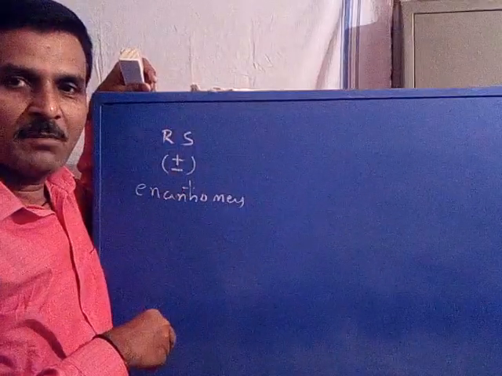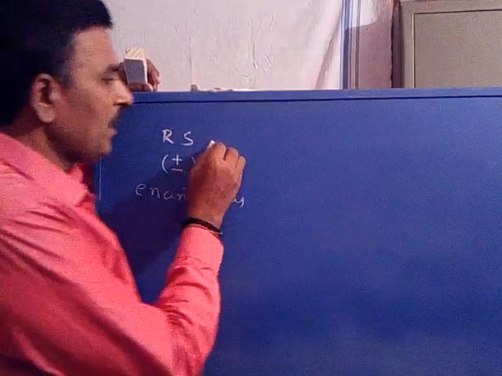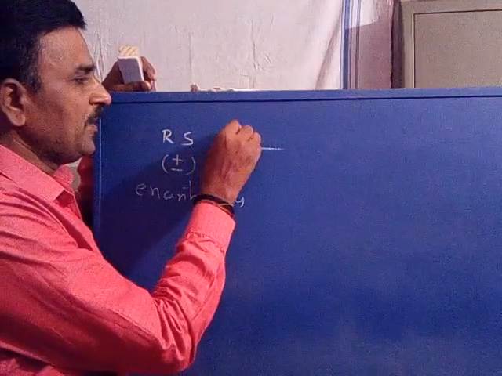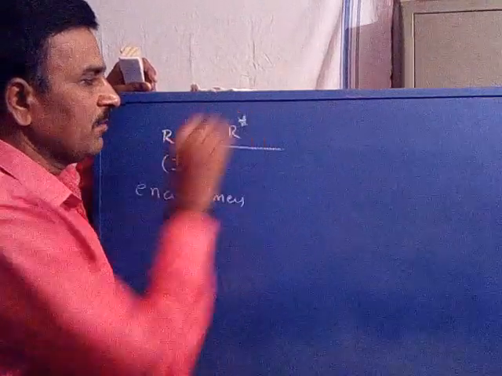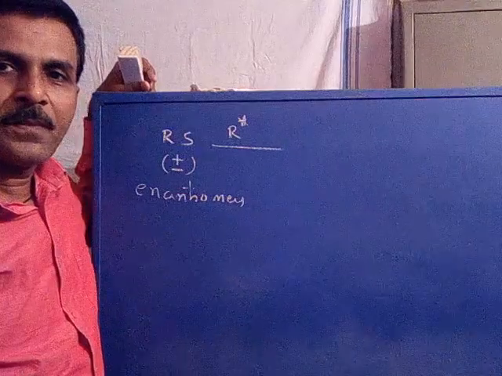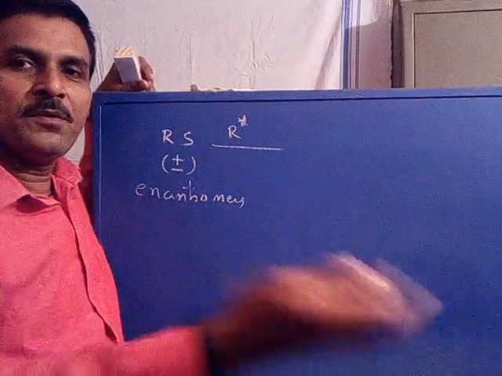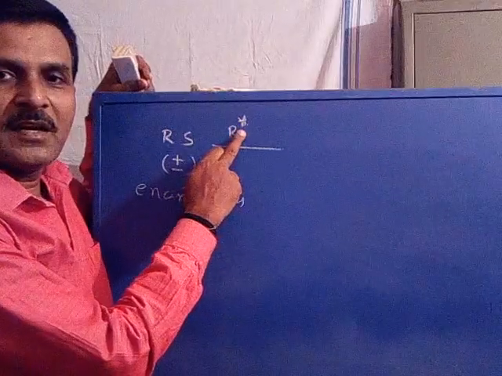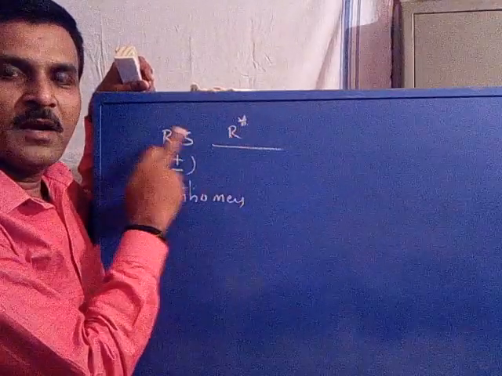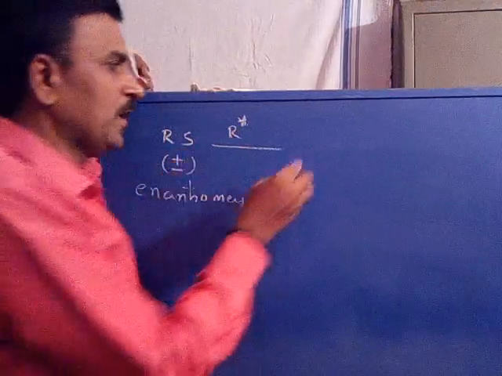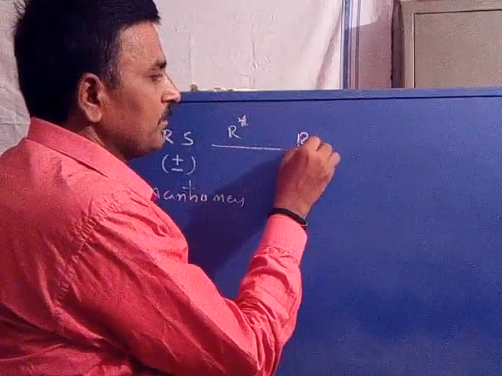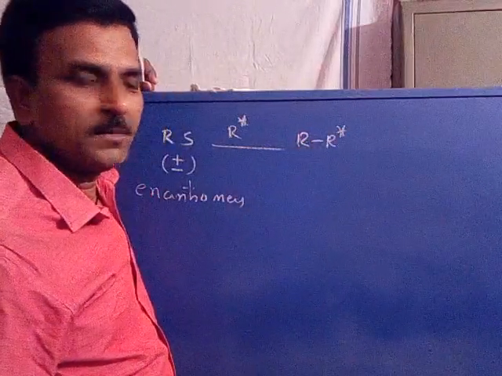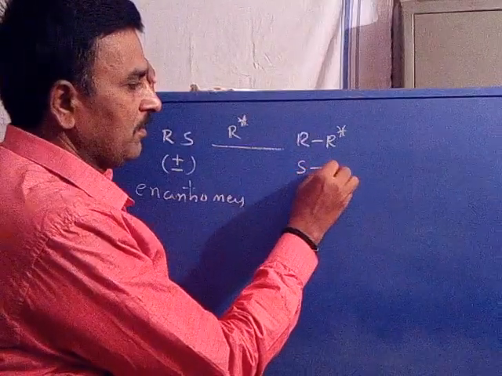Now, normally they are first treated with a specific reagent, say R star, to transform them into a pair of diastereomers, where the reagent reacts with both the R isomer and the S isomer to form R R star and S R star.